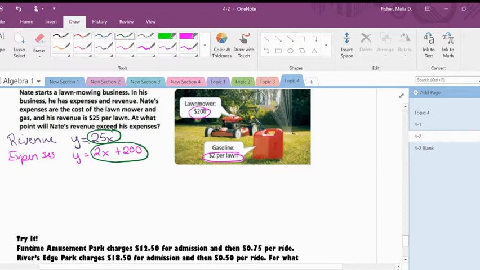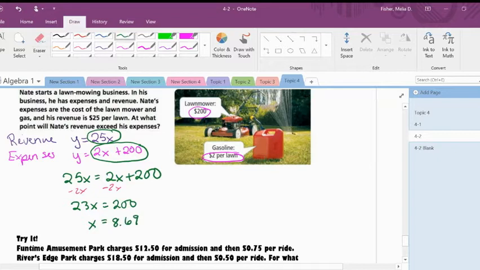So I can substitute for y in one equation or the other, but I will get 25x equals 2x plus 200. I can subtract 2x from both sides of the equation. That leaves me with 23x equals 200, and x comes out to be about 8.69.